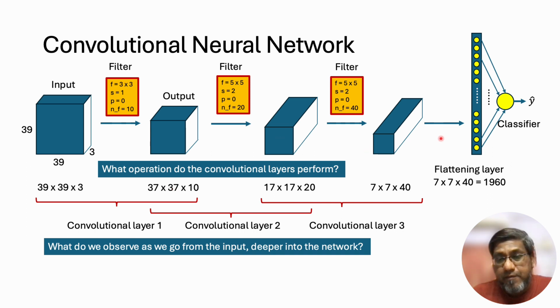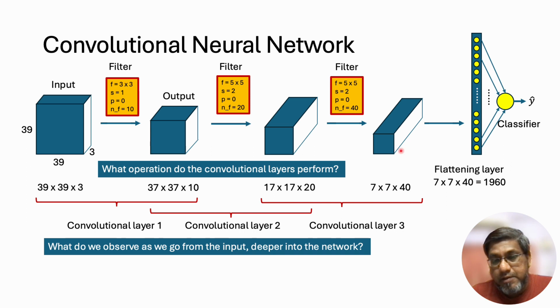And what happens after the final convolutional layer is whatever data is available in the output of the final convolutional layer, that is flattened by what is called a flattening layer, which basically takes out all the pixel values and arranges them as a single vector.